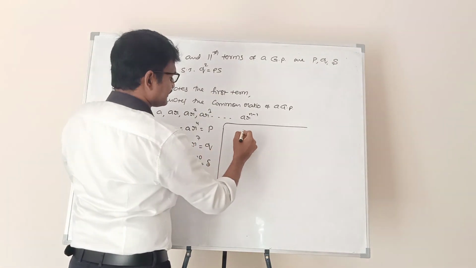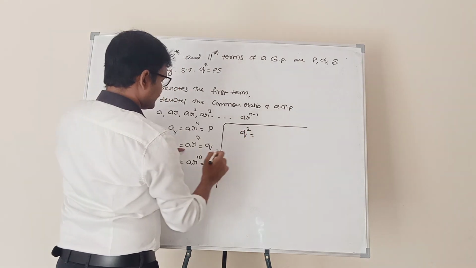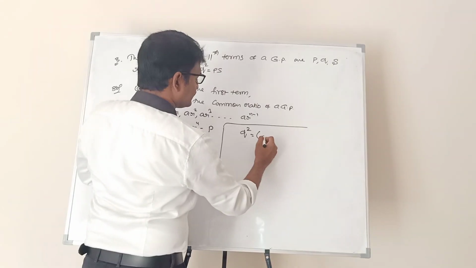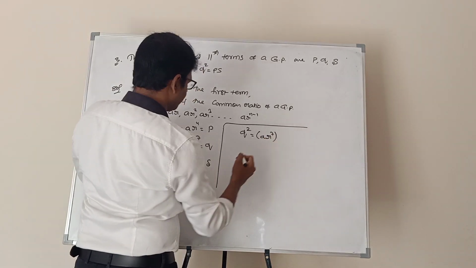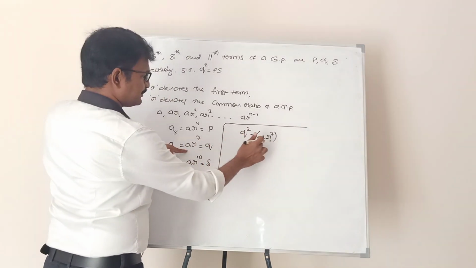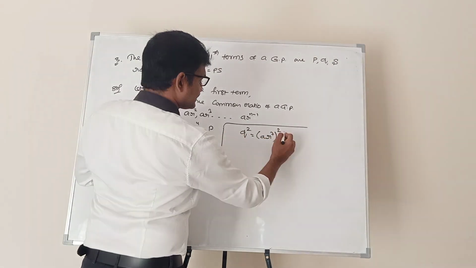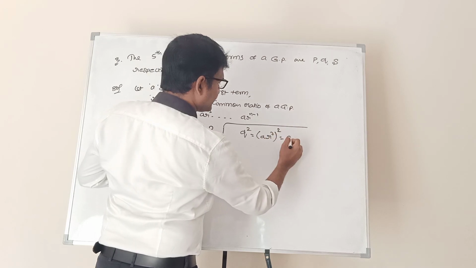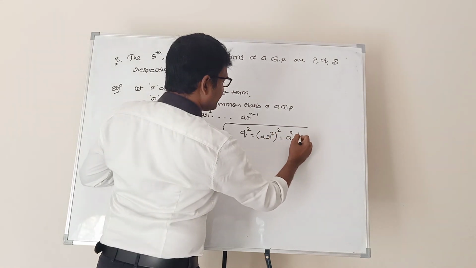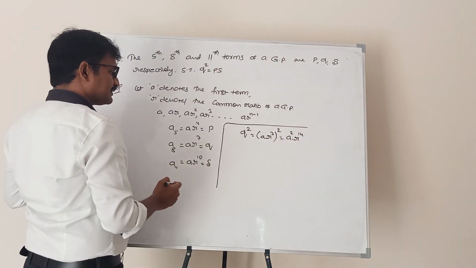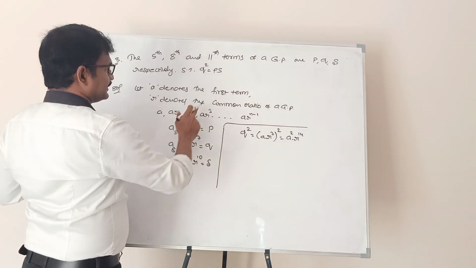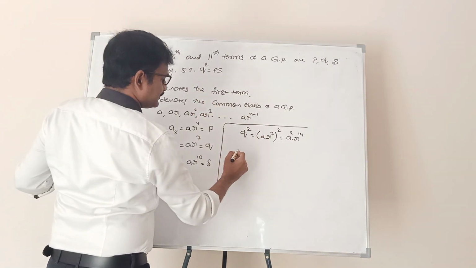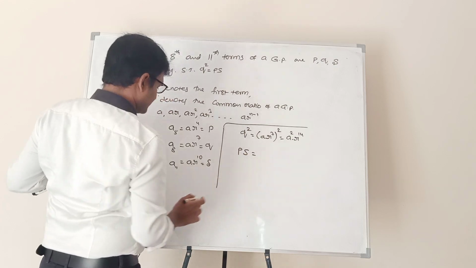Q value is how much? A into R power 7. Q square means A into R power 7 whole square. So this will become A square into R power 14. Next, what we have to prove? P into S. What is P?